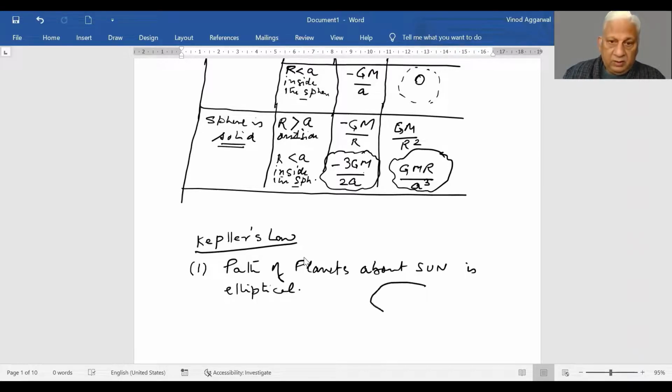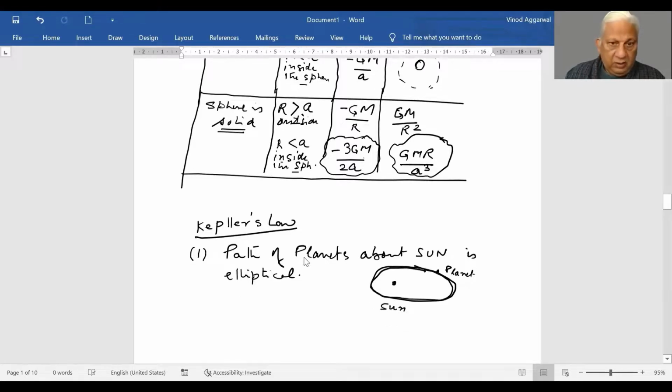If you take sun here and any point, any planet going about sun, then this path is not circular, rather it is elliptical.